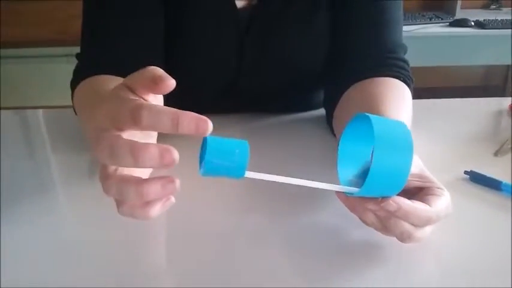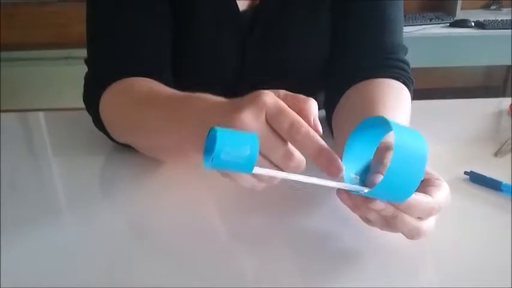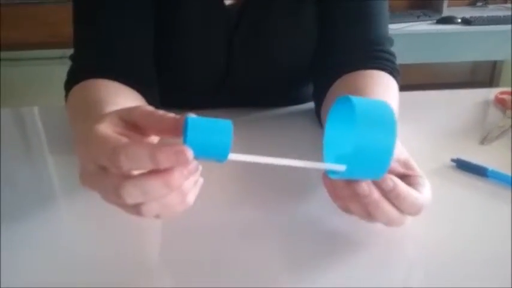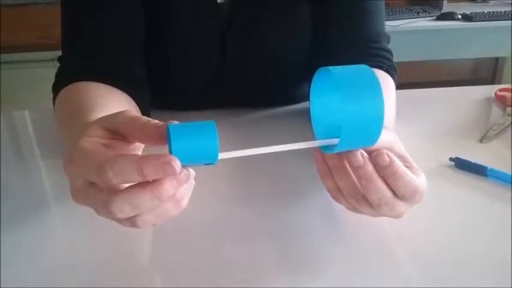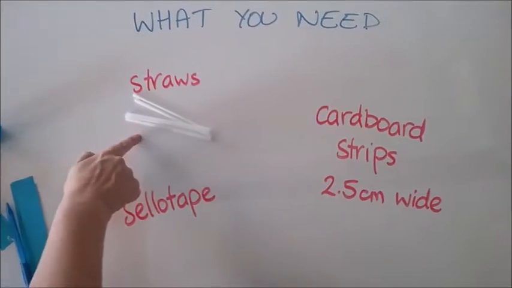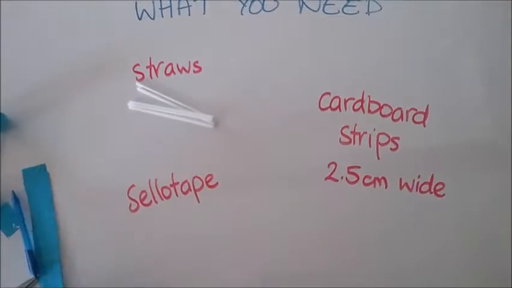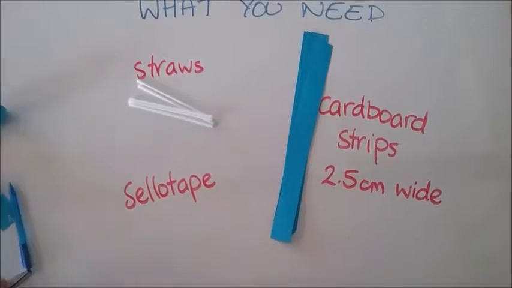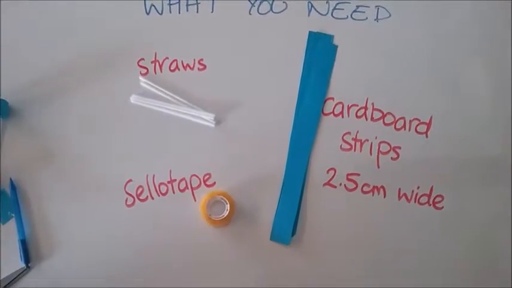Now, this one here uses these curved surfaces on the loops themselves. The air flows over it differently on either side, creating the lift. Let's make one. So you'll need straws, and I'm using quite narrow straws. You'll need cardboard strips, 2.5 centimetres wide, and you'll need some sellotape.